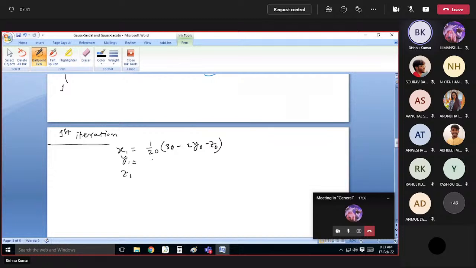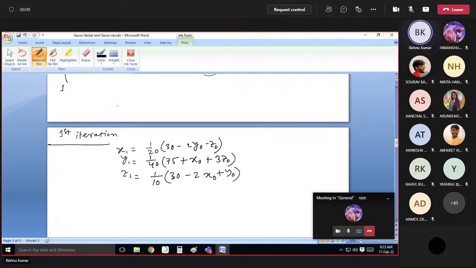Okay. What is the y1? y1 = 1/40 (75 + x0 + 3z0). And to get z1, 1/10 (30 - 2x0 + y0).